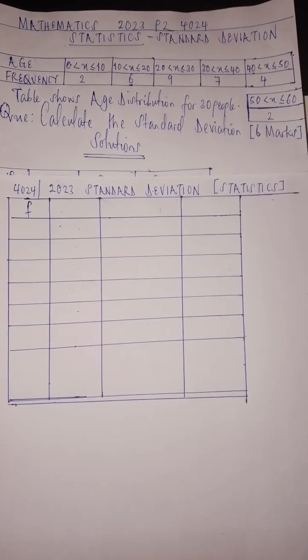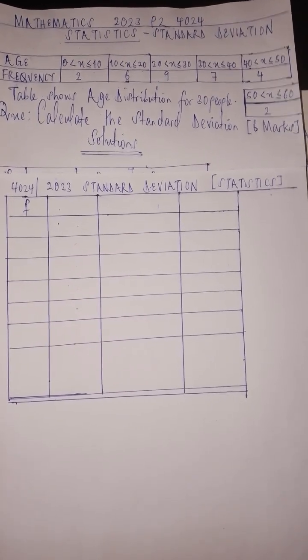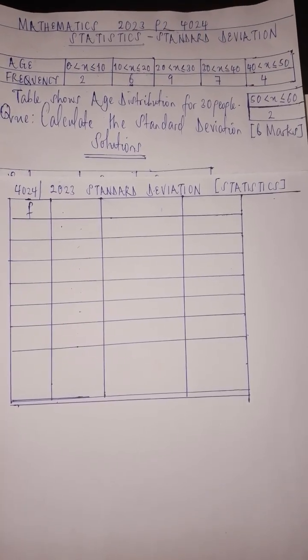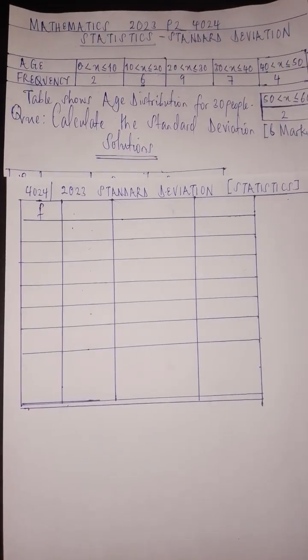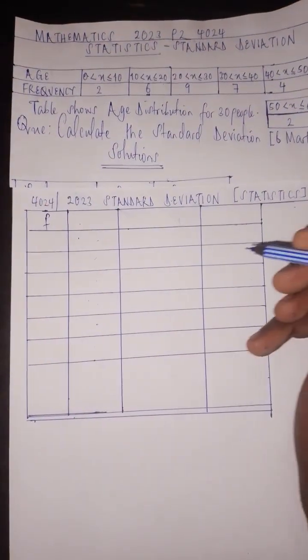So to help me summarize this data, I'm going to use this table below. In the first row, I'm going to say frequency.